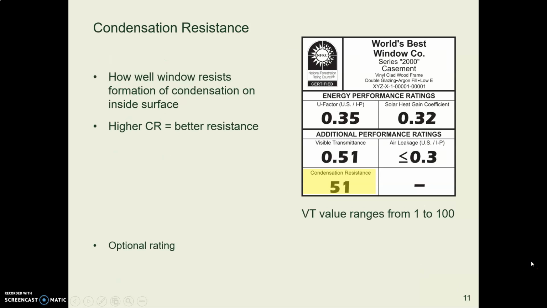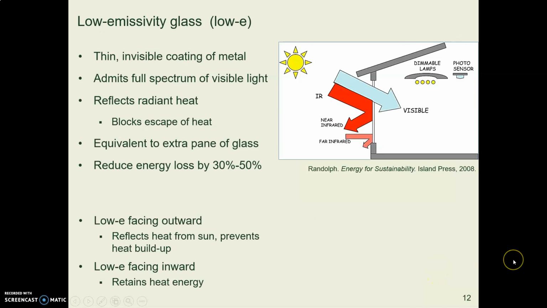Some windows have a number here that talks about the window's ability to resist condensation, which in some climates especially you would care about. And finally, last 3 slides here, there's a kind of glass called low E glass, which stands for low emissivity. Think of the word emission. It emits something.